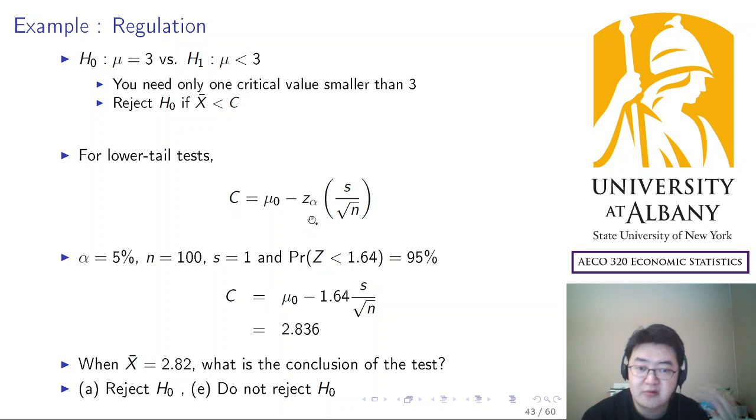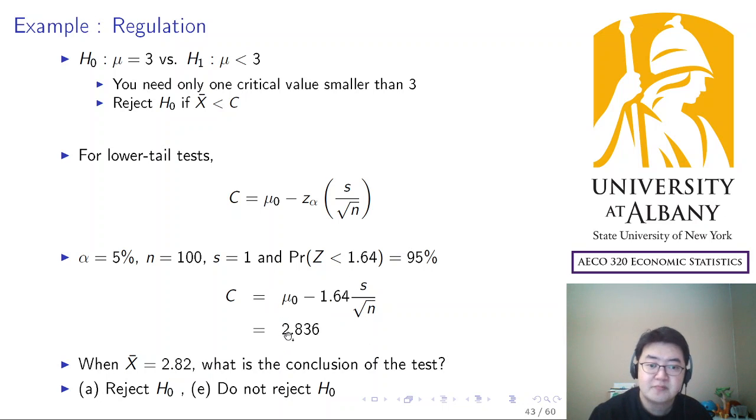So the intuition is the same, as I said. It depends on whether you look at only one tail or both tails. If you choose the correct number for the z alpha, then everything else is the same. It is simple. mu0 is your hypothesis. You know the number, and 3 pounds. And the standard error is 100. It's easy.